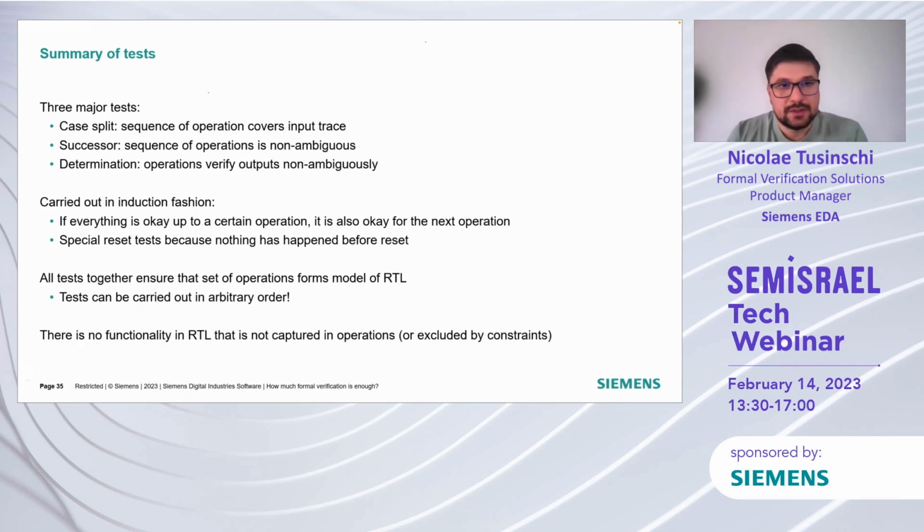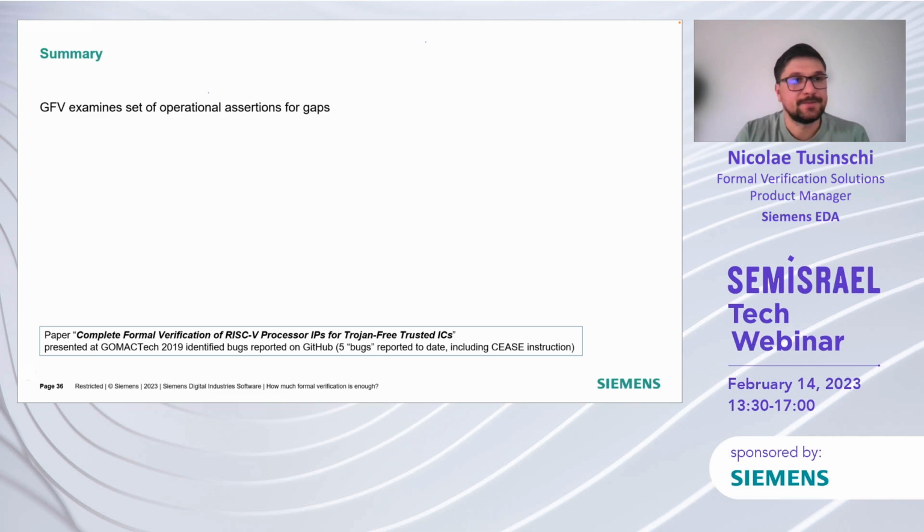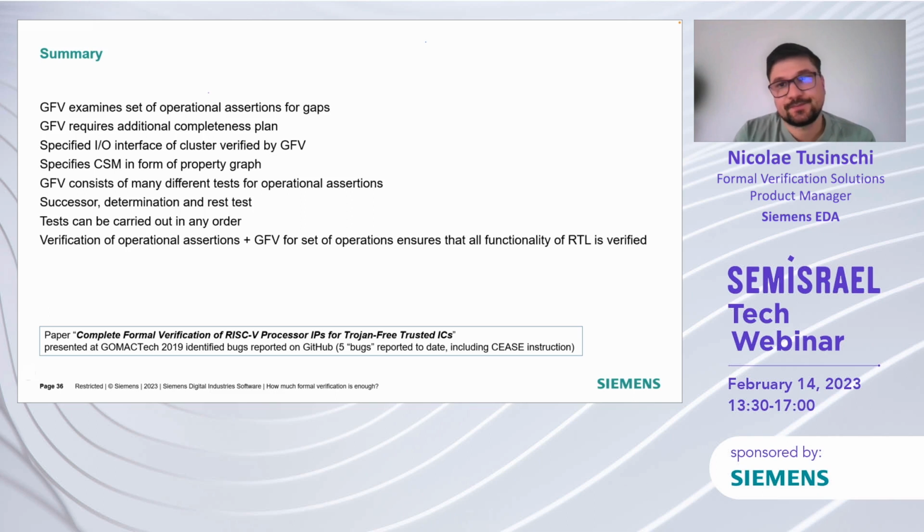There is also a check that there is no functionality in the RTL that is not captured in operations or excluded by constraints. So this is the key piece, the benefit of this completeness test. Apologies. So let's look at what the gap-free methodology actually provides. Gap-free verification provides, as I said, an automated formal check for completeness. It's ideal for high consequence systems where complete verification is desired, as opposed to a targeted formal approach.